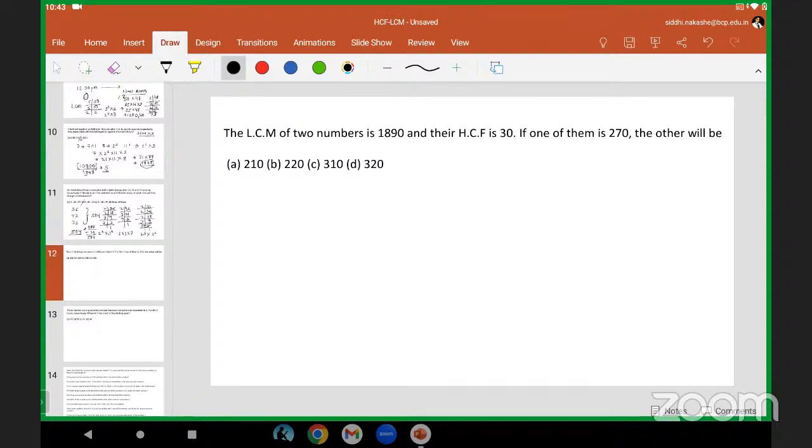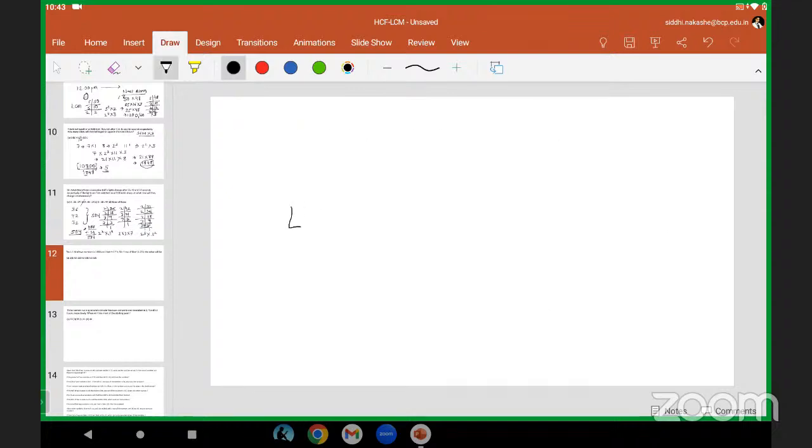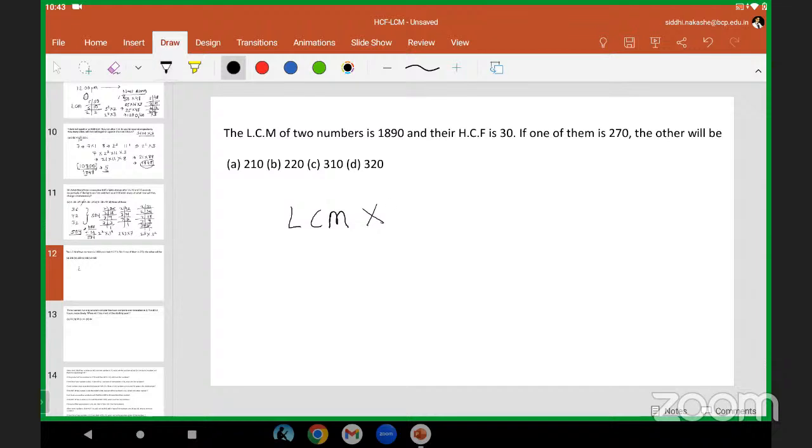Now again the same formula: LCM into HCF is equal to N1 into N2.